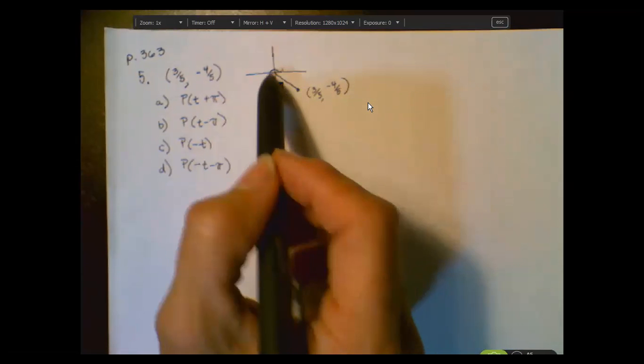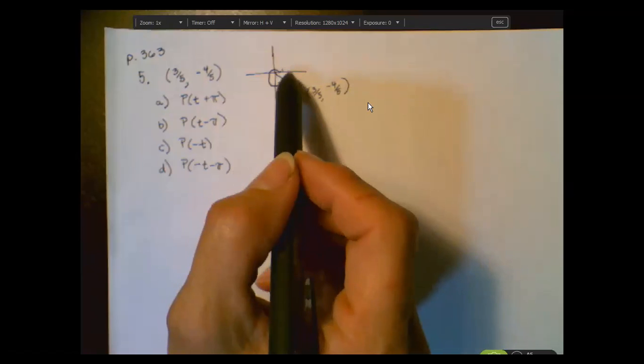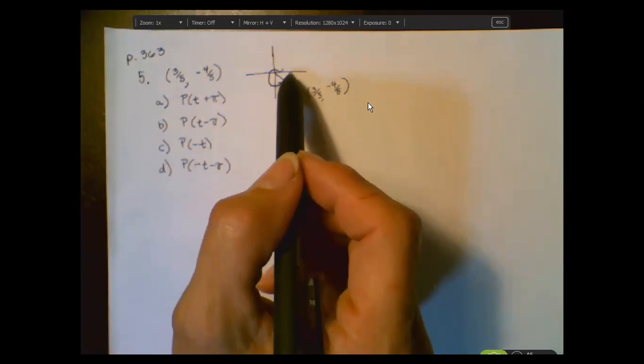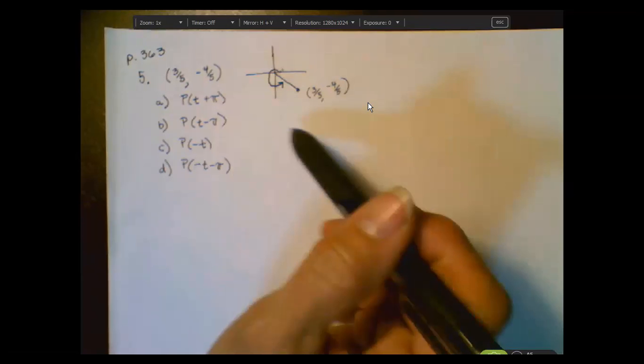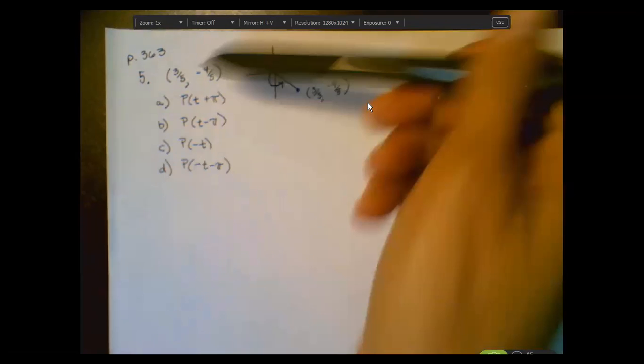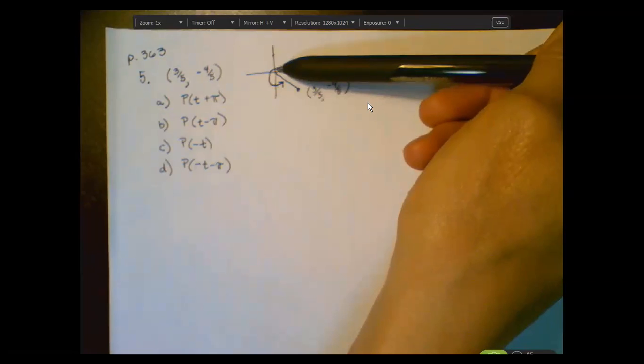If that was 7/4 pi, and I started in standard position and went 7/4 pi in the negative direction, in what quadrant would I end up? Start right here and count 7/4 pi clockwise. What quadrant is that?